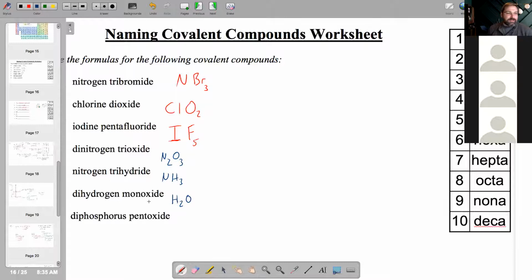You can also call it, well, there are different ways to name it depending upon if you're thinking about it as an acid, as a base, as a covalent compound. There's sort of a running joke online about dihydrogen monoxide, kind of like a meme, related to the idea that there are people who are afraid of chemicals because they're dangerous. And it turns out that all chemicals to some degree are dangerous. The running joke is that even water's dangerous.